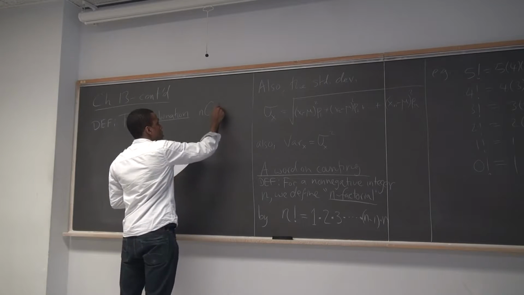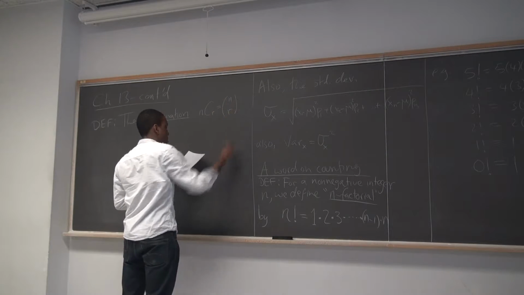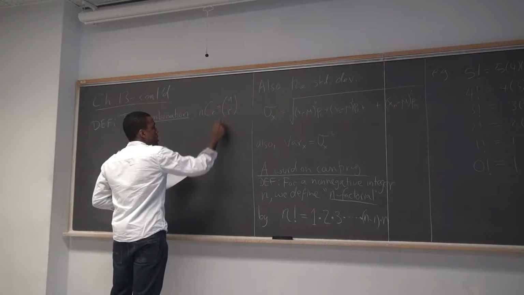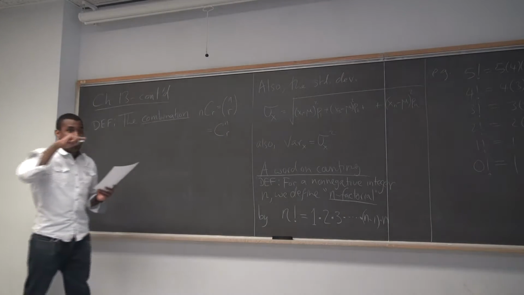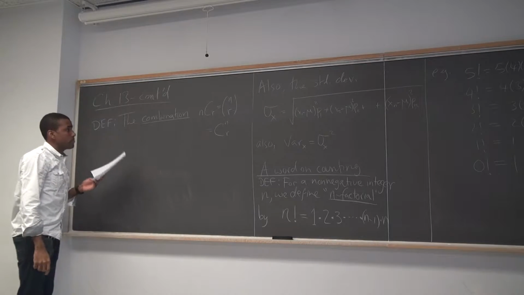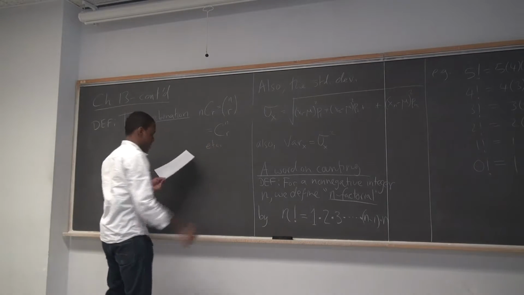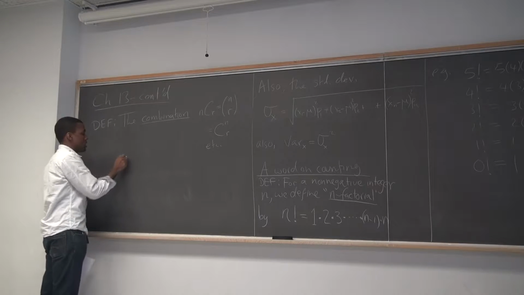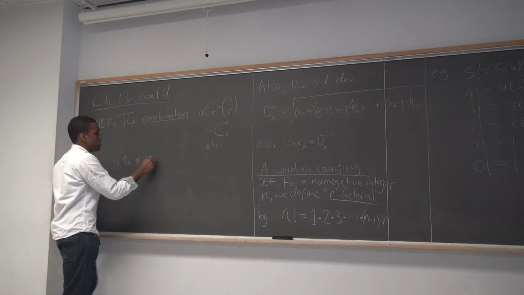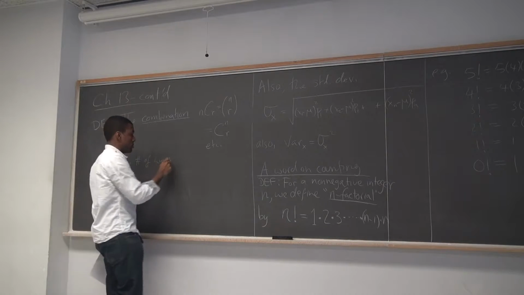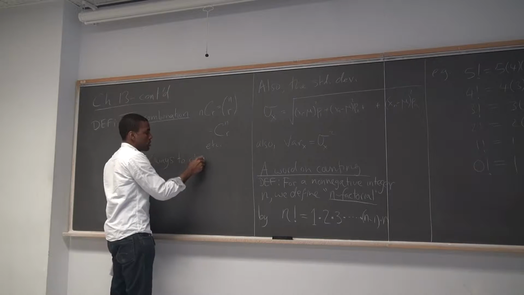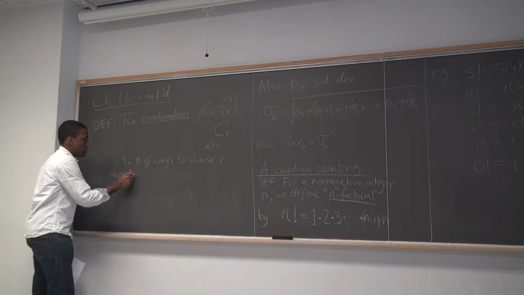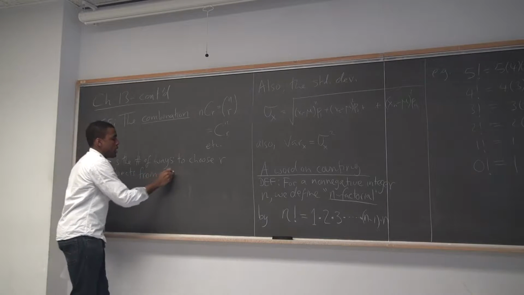NCR is the notation. You might also see NR, or you might also see CNR. Different calculators will have different notations, etc. Okay. So the combination is the number of ways to choose R objects from N objects.